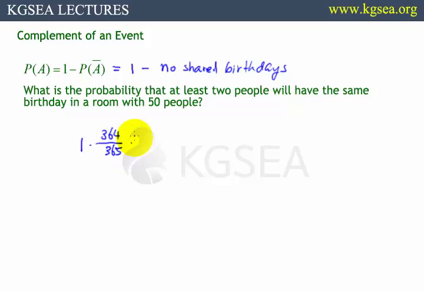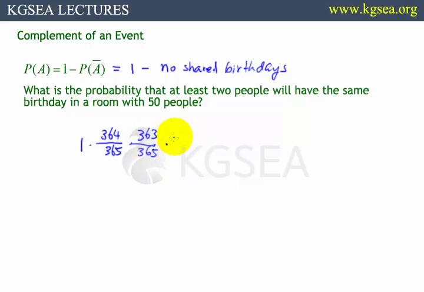Right? Now, when the third guy comes in, what's the probability that he does not share the birthday with these 2 guys? Out of the whole year, you have to take 2 days out, one for each. We know they are different, right? That's how we pick this guy. So that's what's left.